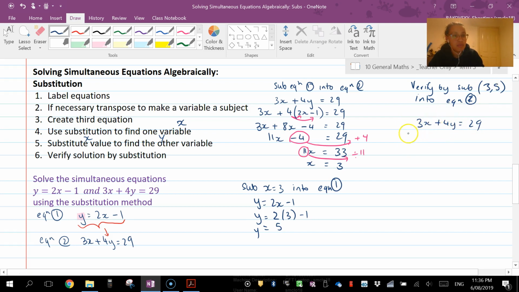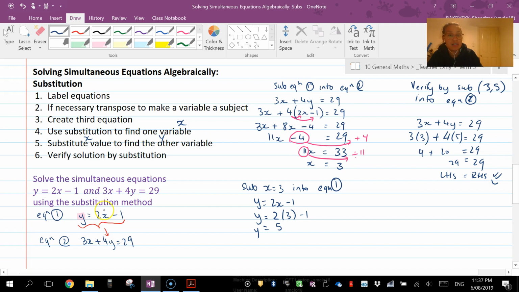So 3 bracket, that's my x value, plus 4 bracket 5 equals 29. This is, believe it or not, 9. 4 times 5 is 20. Ooh, 29. Left hand side equals right hand side. Yay. Beautiful. We know that this then is the solution for these two equations.